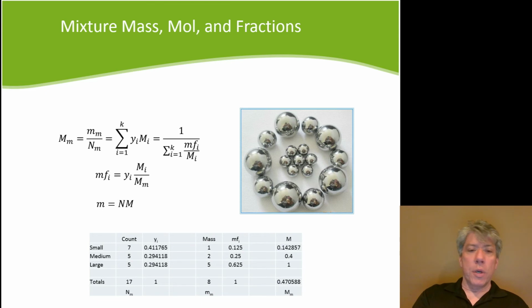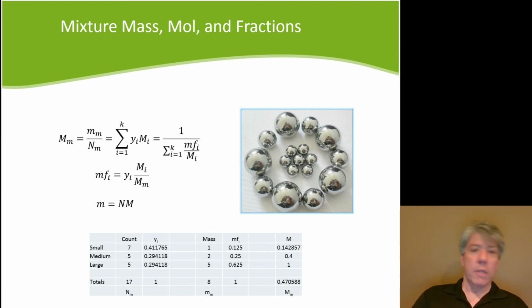Now, I want to show you this equation because really it's more the definition, if you will, of molecular weight. And what I've got written here is mass equals the number of moles times molecular weight. And really, if you were to rearrange it, you could simply say that the molecular weight is the mass of the sample divided by the number of moles.